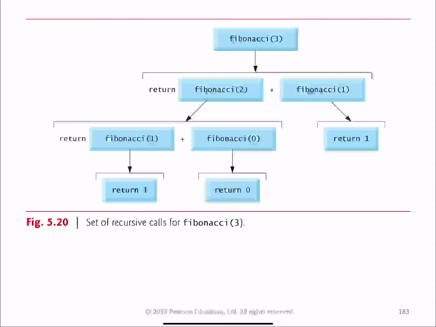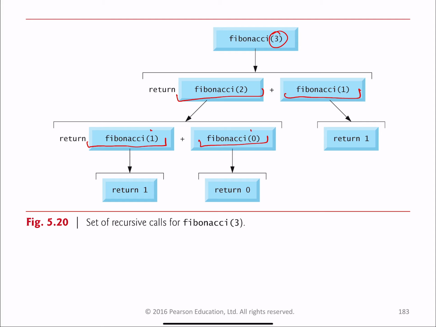Now you can also look at this graphically. Let's say you call Fibonacci for the number 3. You want the third number in the Fibonacci sequence. This will return the result of Fibonacci 2 plus Fibonacci 1. Fibonacci 2 itself will require two recursive calls to Fibonacci with arguments 1 and 0.